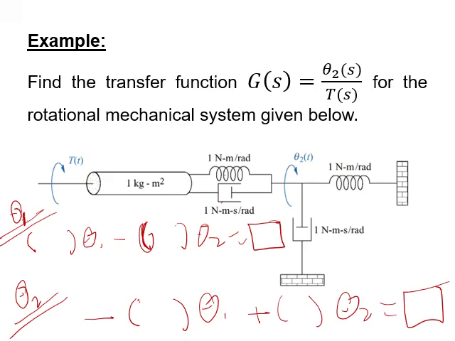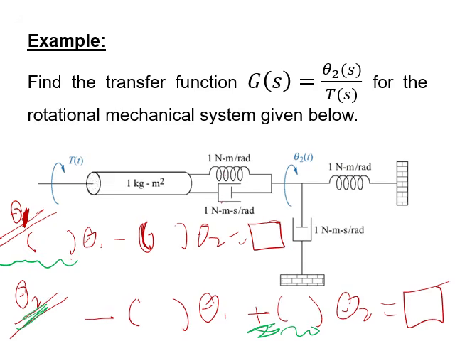Remember, when I am calculating the equation of theta 1, the coefficient of theta 1 is positive here. When I am calculating the coefficient of theta 2, the coefficient of theta 2 is positive. Other than this, the other coefficient will be all negative.